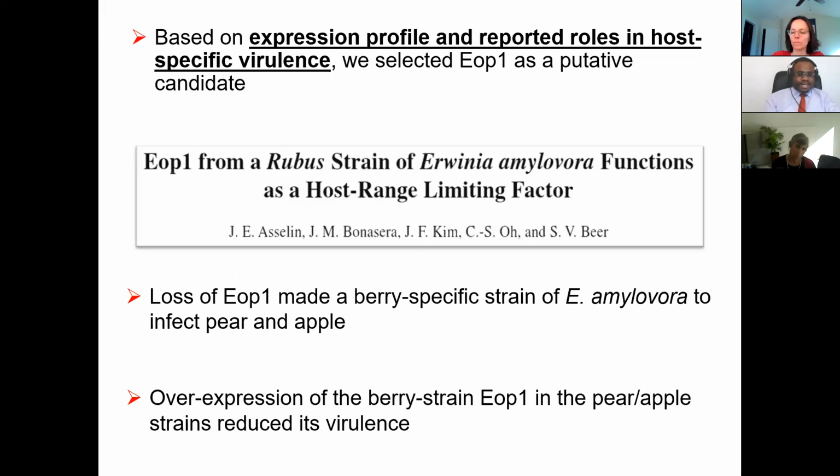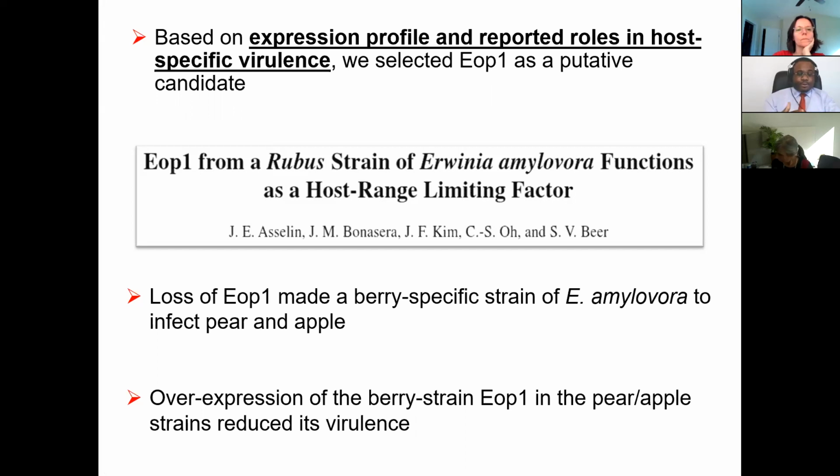So they had these berry strains that exclusively infected berries, but would not infect apple and pear. When they knocked out or deleted this particular Eop1 gene from the berry strain, it gained the ability to cause disease on apple. This means that the presence of Eop1 in the berry strain actually limited its ability to cause disease on apple.